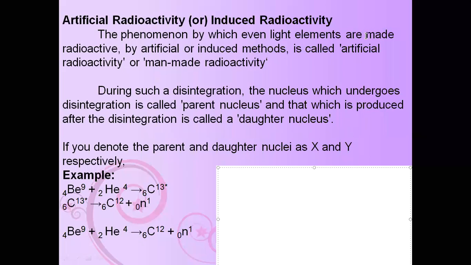Some of the particles are used to induce the artificial radioactivity or artificial disintegration. This particle is called a projectile, like boron, aluminum. These are projectiles because they are used to induce the artificial disintegration.